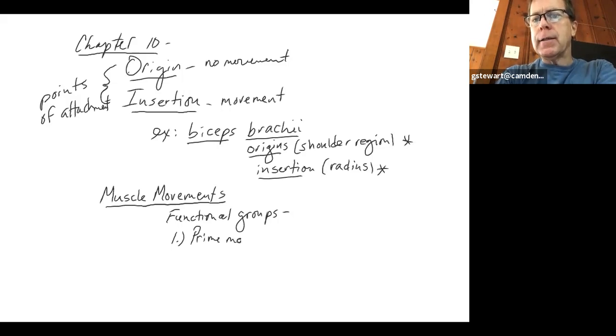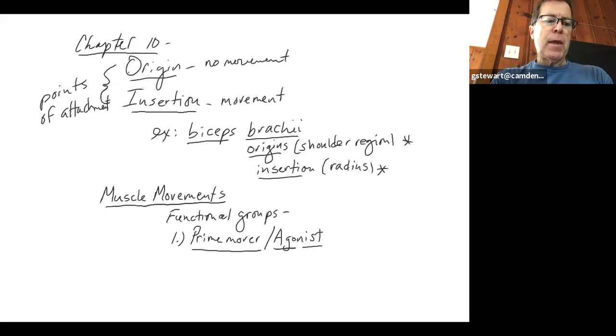I learned these as agonists. So if you hear me say the word agonist, it's the same thing as a prime mover, okay? What this means is it's a muscle that has the major responsibility of producing a specific movement. So the classic examples, I'll be specific after I give you examples of these.